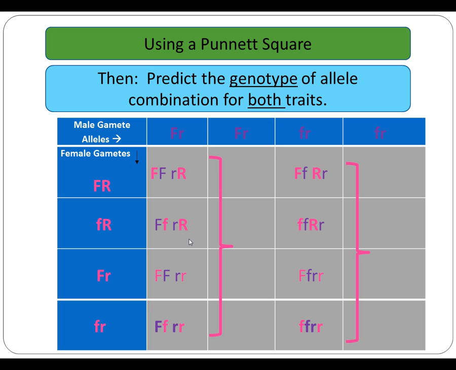The phenotype is what physical trait is expressed. As long as there is at least one dominant allele for that particular trait, it should be expressed.